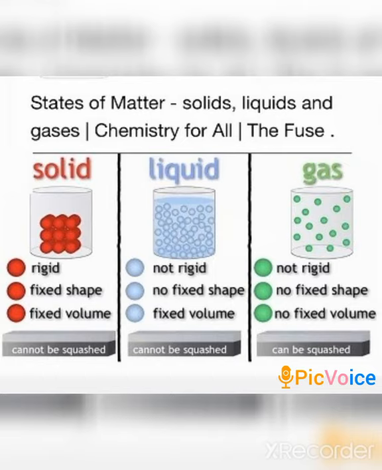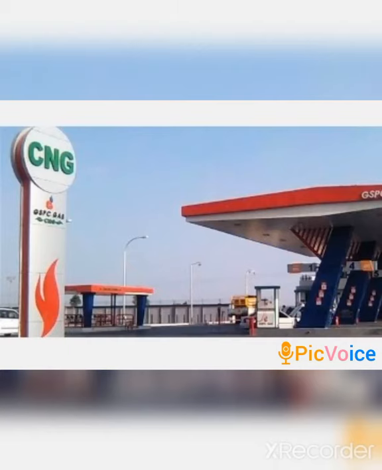For example, we can know about the volume of the gas with the help of a small activity. This image is of a CNG station. CNG stands for compressed natural gas.